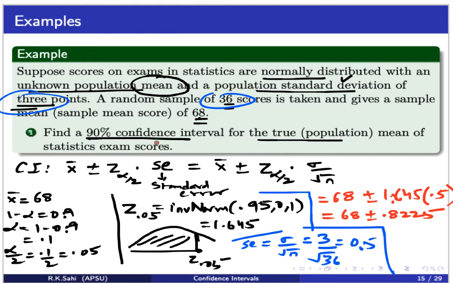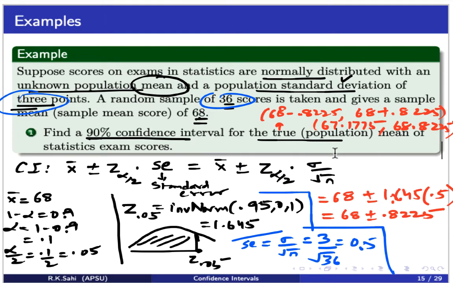We say we are 90% confident that the true population mean lies between 68 minus 0.8225 and 68 plus 0.8225, which gives the value to be 67.1775 and 68.8225.